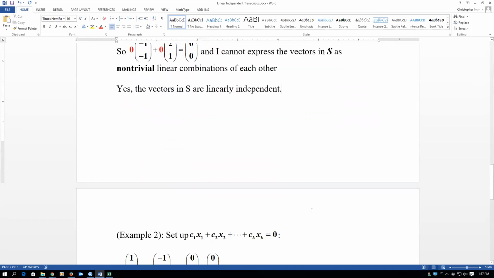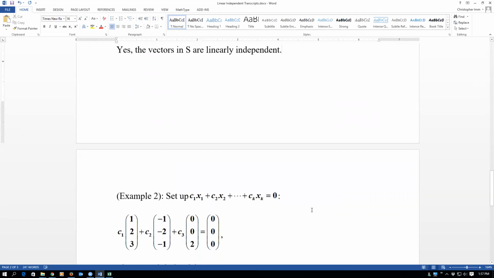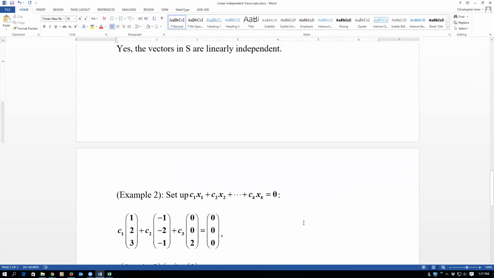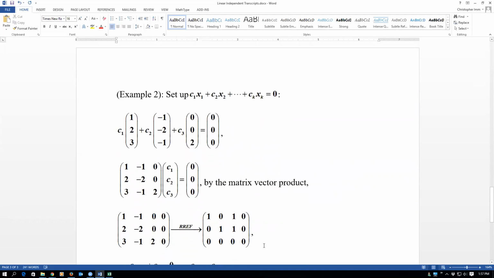Let's look at our second example again. So again, we set up that homogeneous system here. In this case, we're in R3. We use the matrix vector product to turn it into a system. And I'll just go ahead and use my REF as I always do.